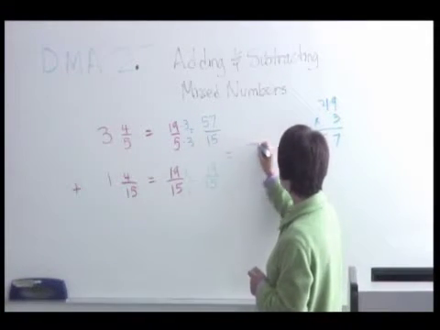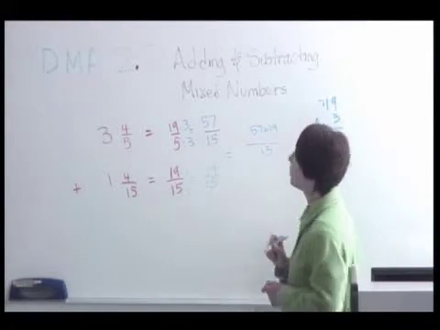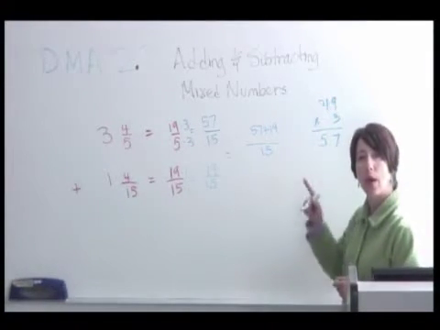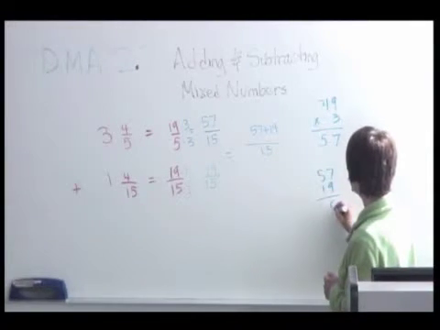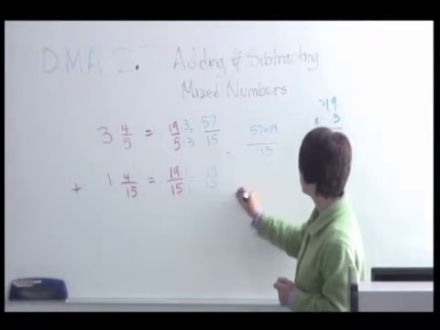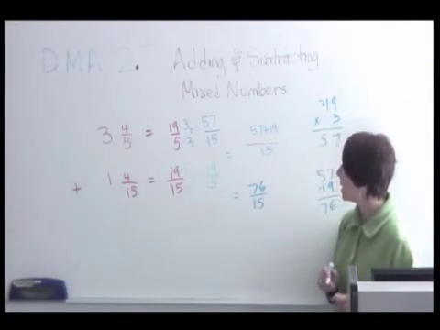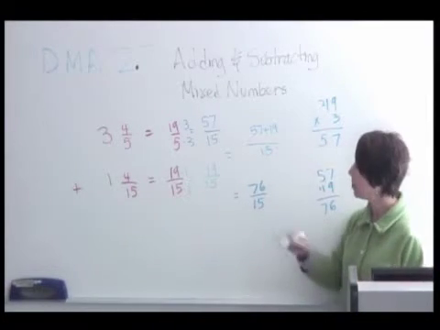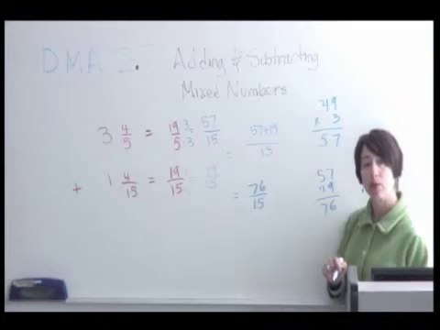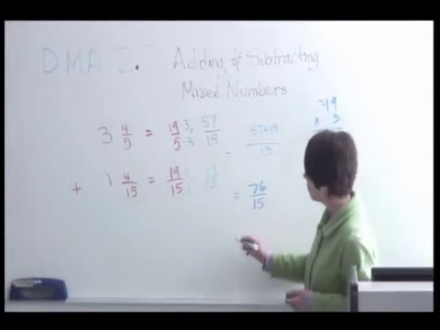So now I have 57 plus 19 over 15. So I add my numerators, 57 and 19 is 76. And so I end up with 76 over 15. And the last step is to change this back into a mixed number, and my mixed number should be around 5.